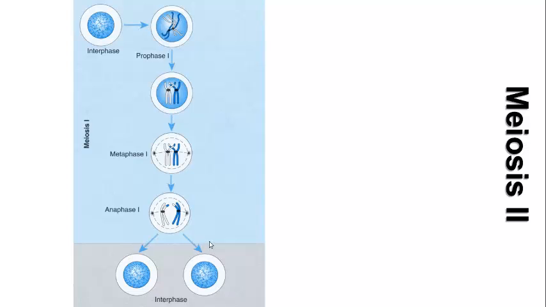So in contrast to mitosis, the two sister chromatids within each of the 23 bivalent chromosomes are not 100% identical to one another, because of crossing over or recombination that occurred in prophase 1 of meiosis 1.